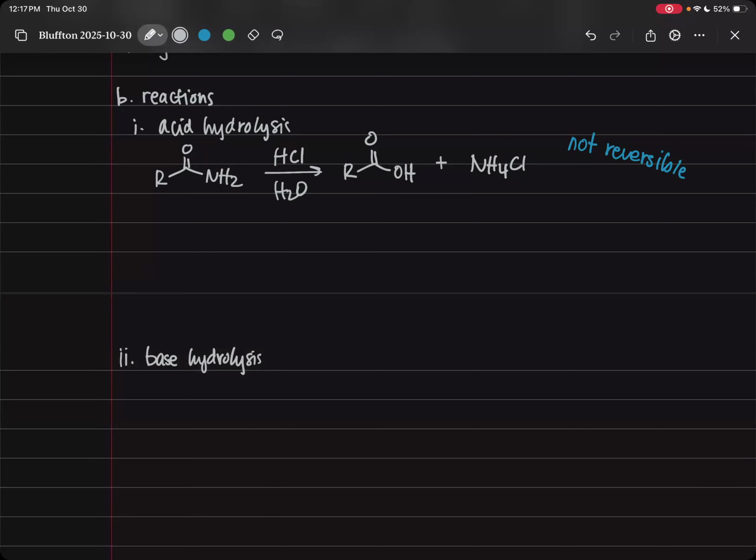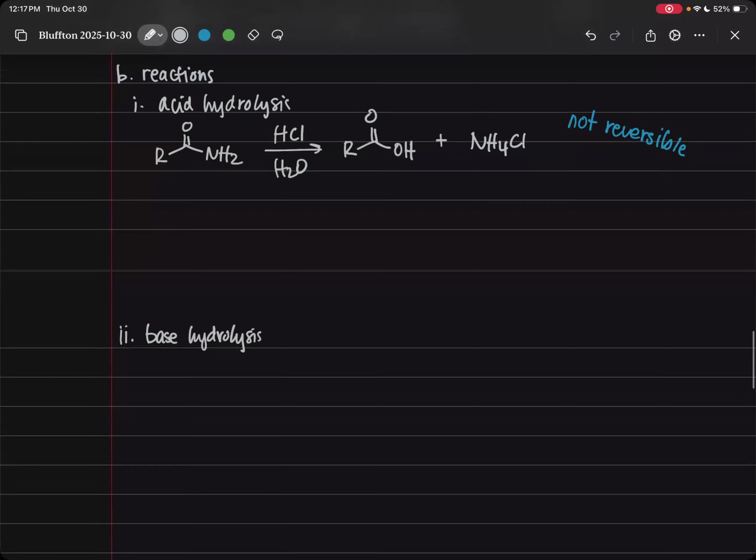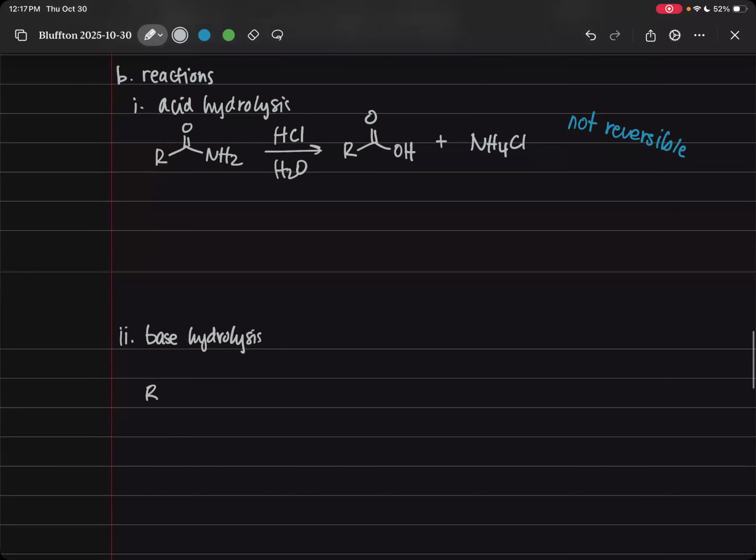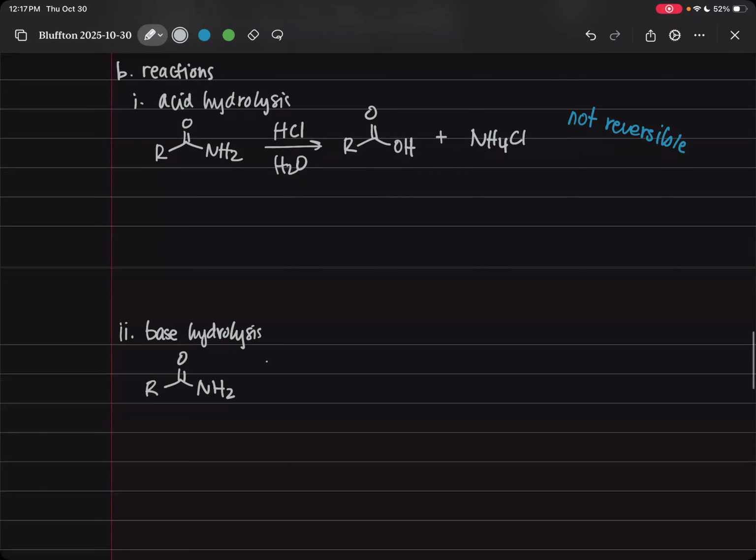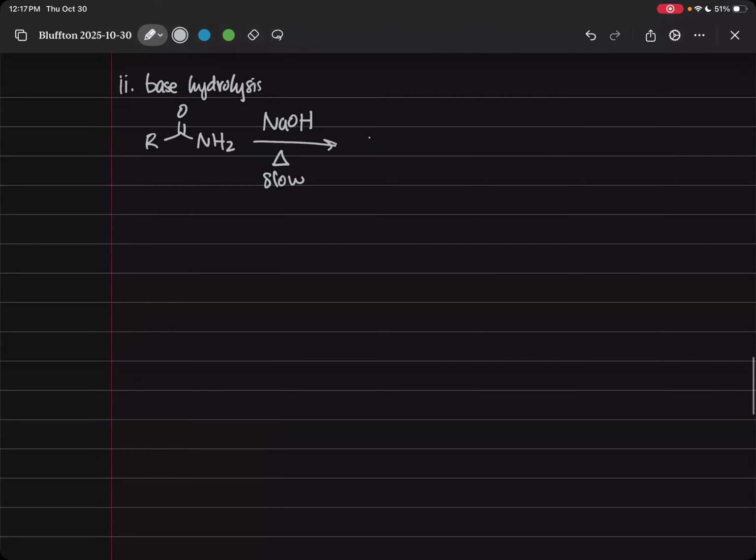Base hydrolysis is very similar, but it's a lot slower, and it requires pretty significant heating to get that to happen.